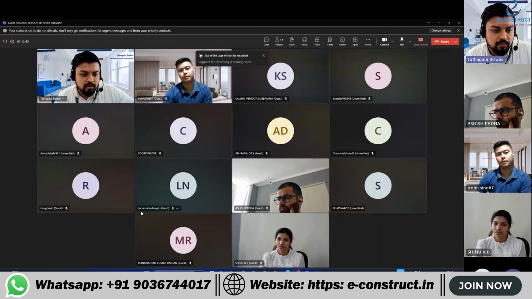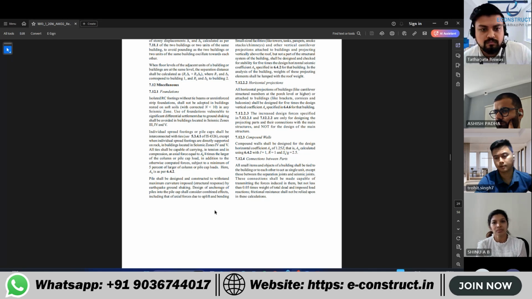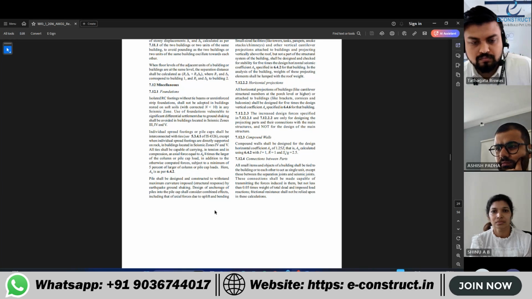Okay, so foundations. Who are left? Lopamudra, Renu. Foundation. Isolated RC footing without tie beams or reinforced strip foundation shall not be adopted in buildings resting on soft soil with corrected N value less than 10 in any seismic zone.